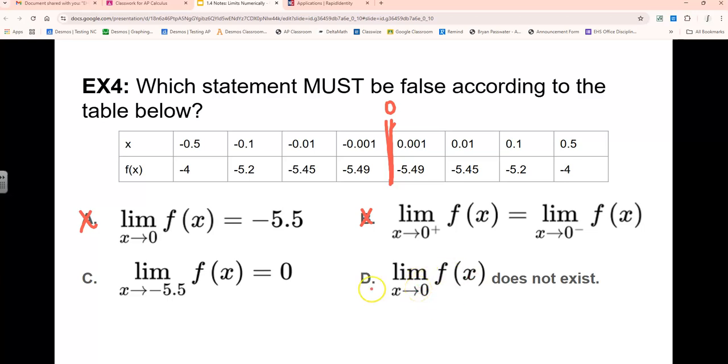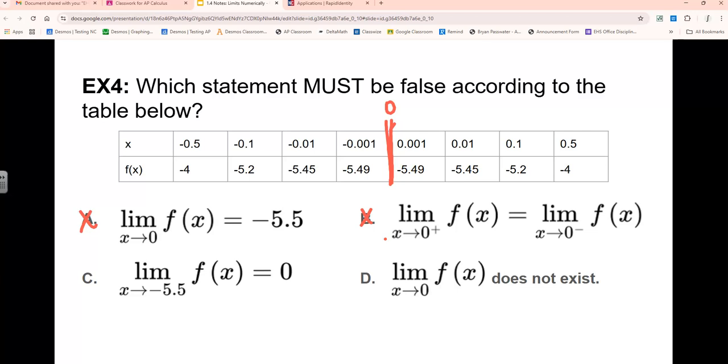But do we know exactly what happens here? We do not. Could they, like at 0.0001, go down to negative 7 and then negative 9 and negative 1,000? And could you have negative infinity, which would be limit does not exist? Maybe, right? Do we know for sure things from tables? We do not. We don't know what happens exactly here at 0.